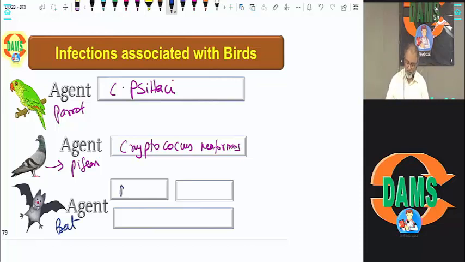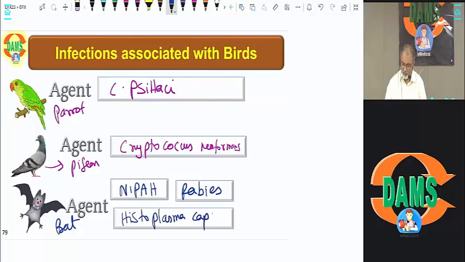Nipah virus, fantastic. Apart from that, rabies and Histoplasma capsulatum in bat droppings.